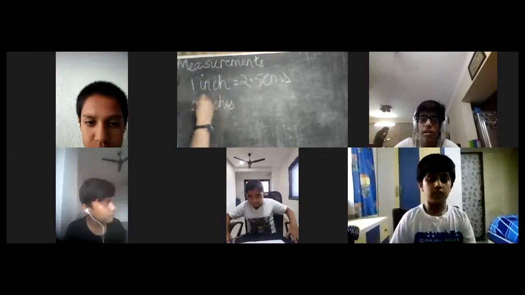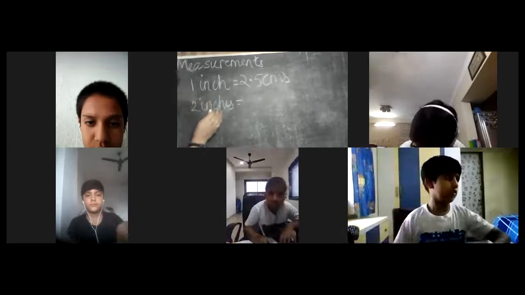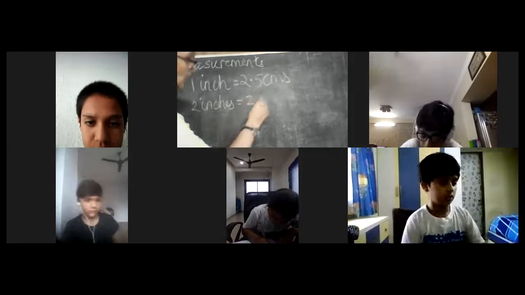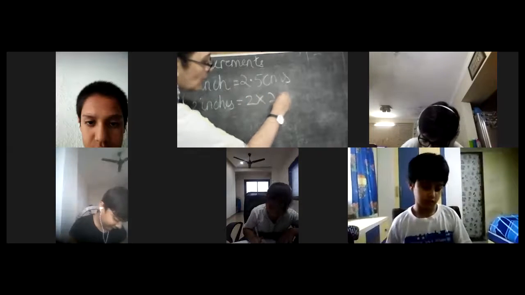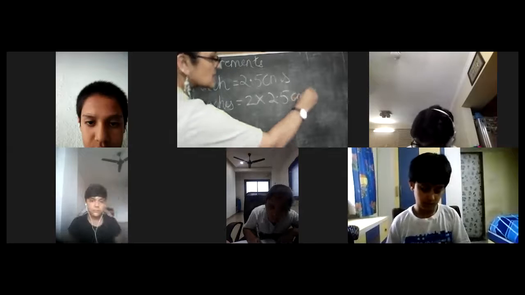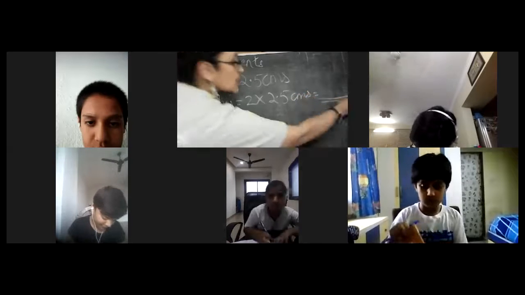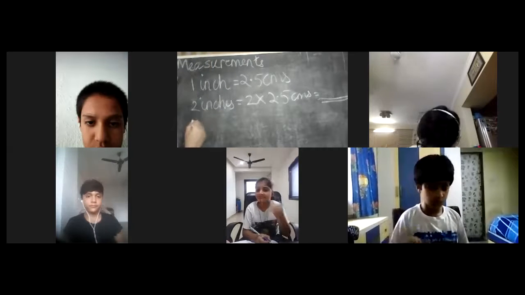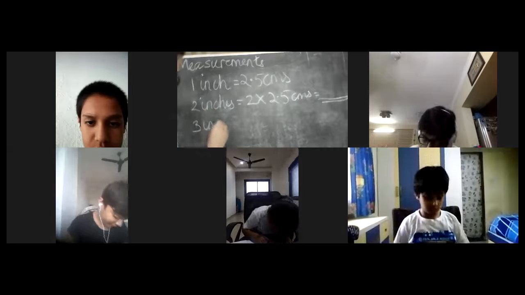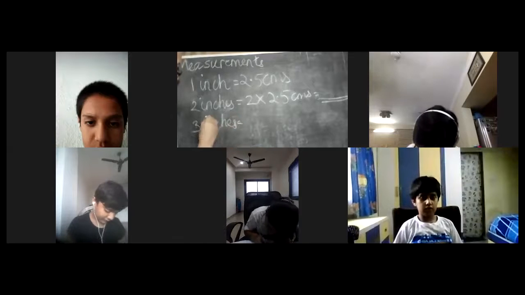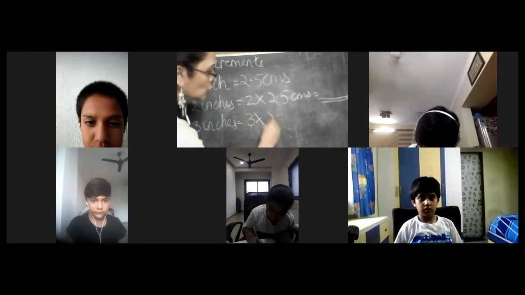2 inches equals 2 into 2.5 centimeters equals whatever will be your answer. 3 inches equals 3 into 2.5.